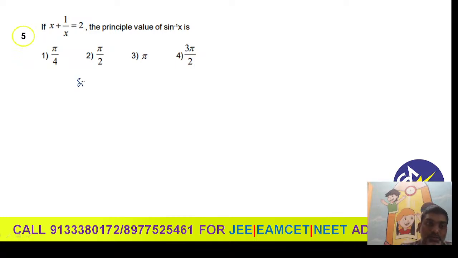Let us take sine inverse of x is equal to some theta. Then what is x value? It is sine theta. Then here they have given x plus 1 by x is equal to 2. Then sine theta plus 1 by sine theta is equal to 2 we are getting.